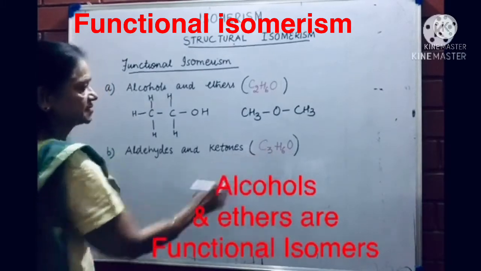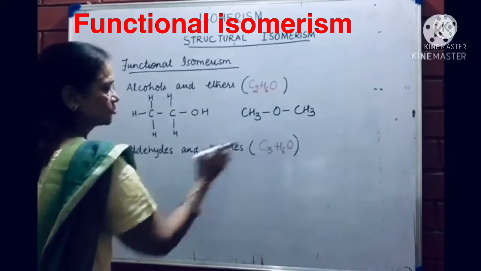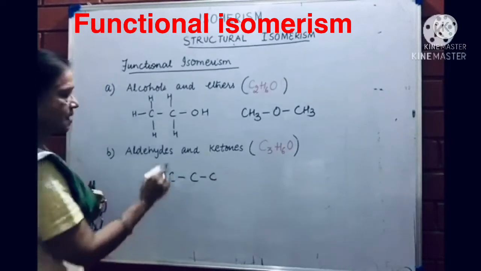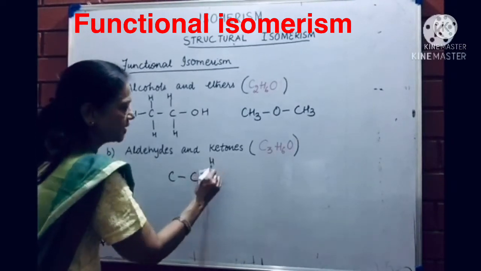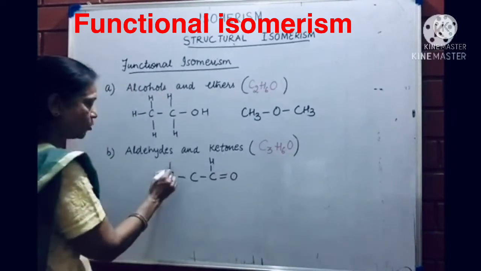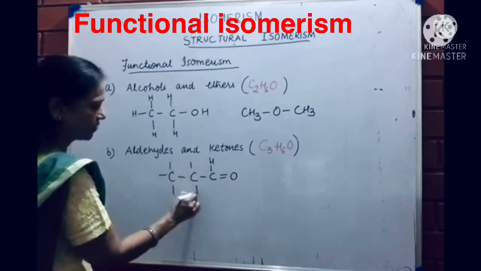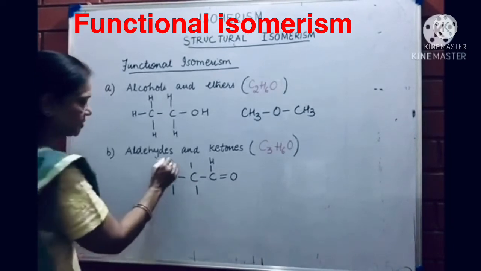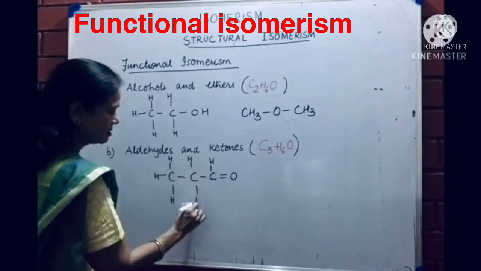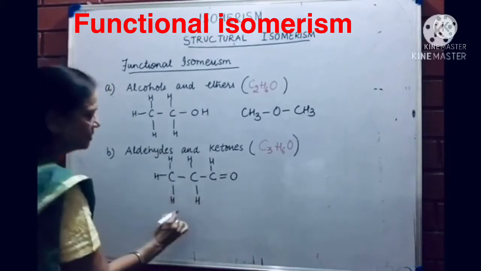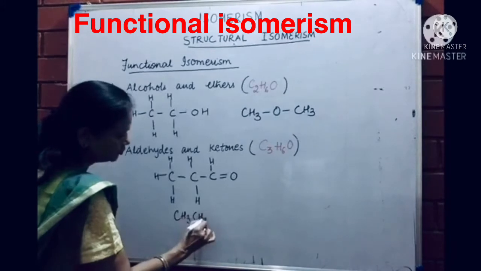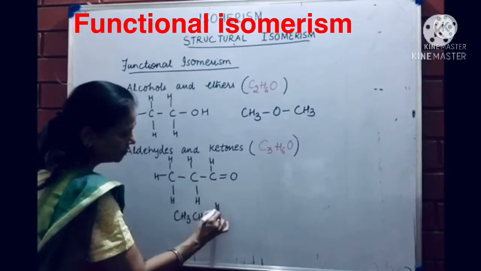Now see the next one, C3H6O. So there are 3 carbon atoms in this. I'm thinking that this is an aldehyde, so I have put the CHO group already. And 1, 2, 3, 4, 5 hydrogen atoms here. So the entire formula becomes CH3CH2CHO.